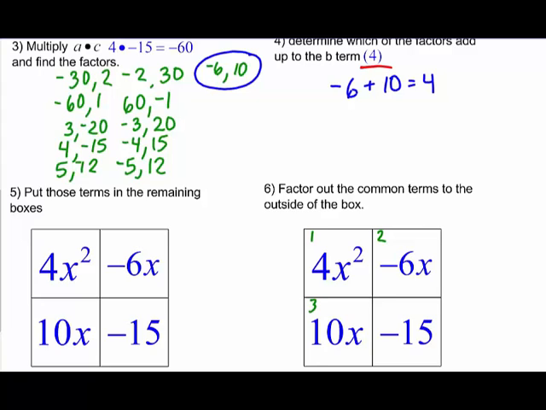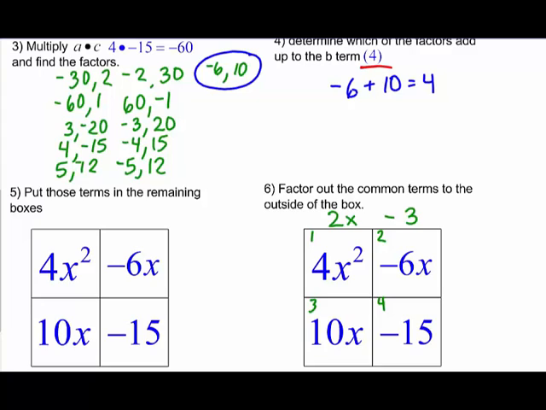So if I look at box 1 and box 3, I know that they have a 2x in common. I could factor out a 2x from both of them. 2 goes into 4 and 10. X goes into x squared and x. Then if I look at box 2 and 4, I could factor out a negative 3. Negative 3 goes into negative 6, and negative 3 goes into negative 15.